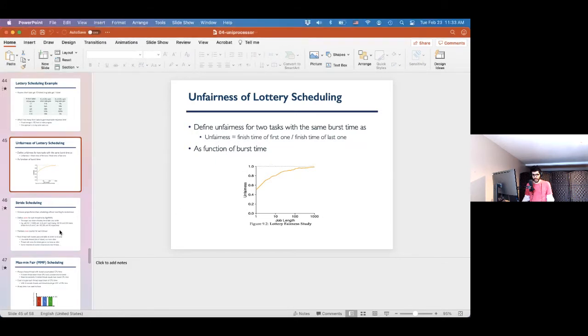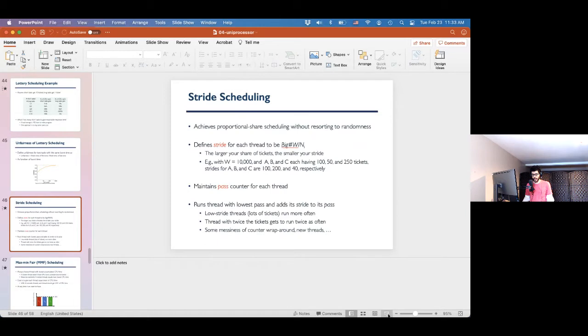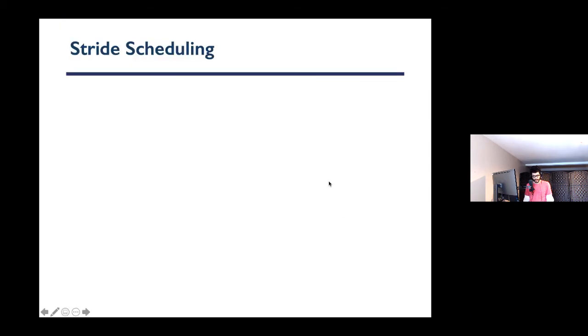The next policy that we're going to talk about is called stride scheduling, from the same authors who proposed lottery scheduling. They studied it, and to address its shortcomings, they provided stride scheduling.